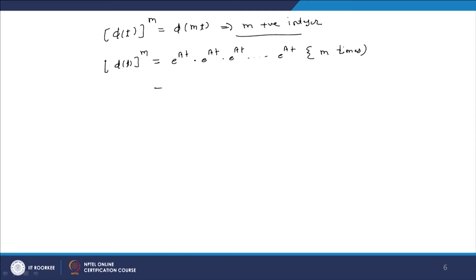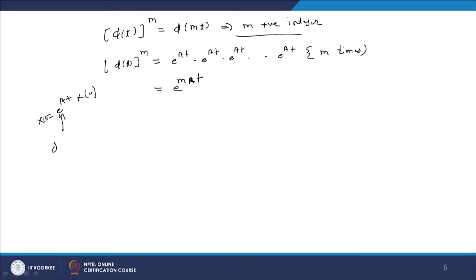So this we can write down as e raised to (m into a into t), and now we have seen that this x of t equals e raised to a t into x naught.